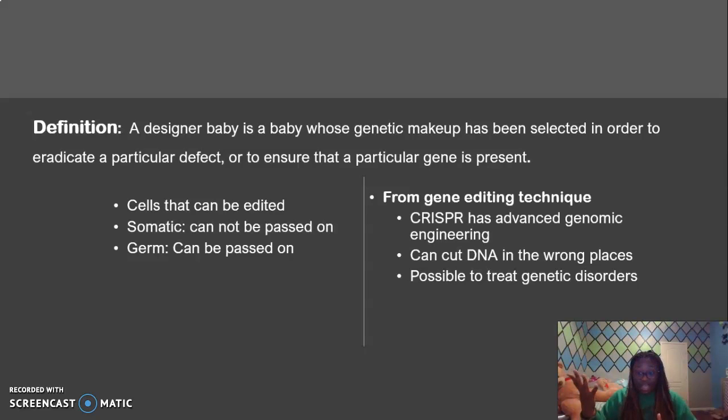But the cells that can be edited are somatic cells, which are not controversial because it only affects that one person that the procedure was done on, not future generations. And the next cell is germ cells, which can be passed on to future generations. So that is a very controversial decision.